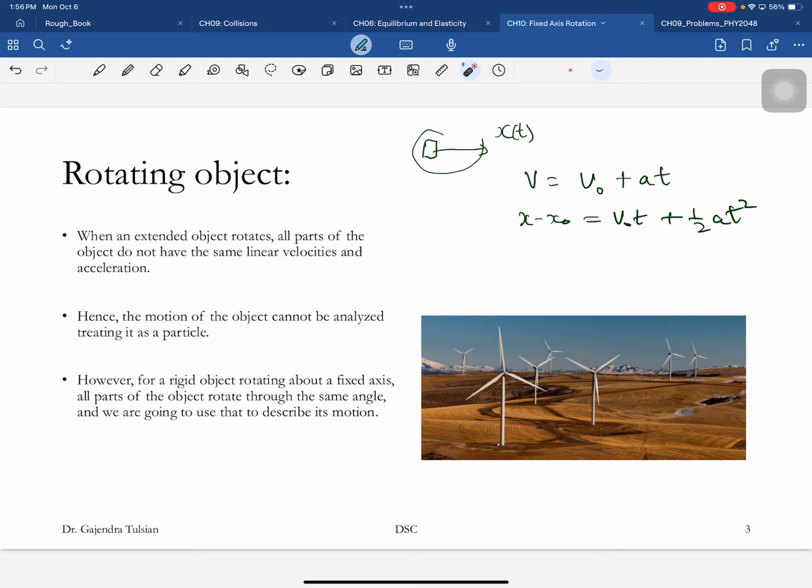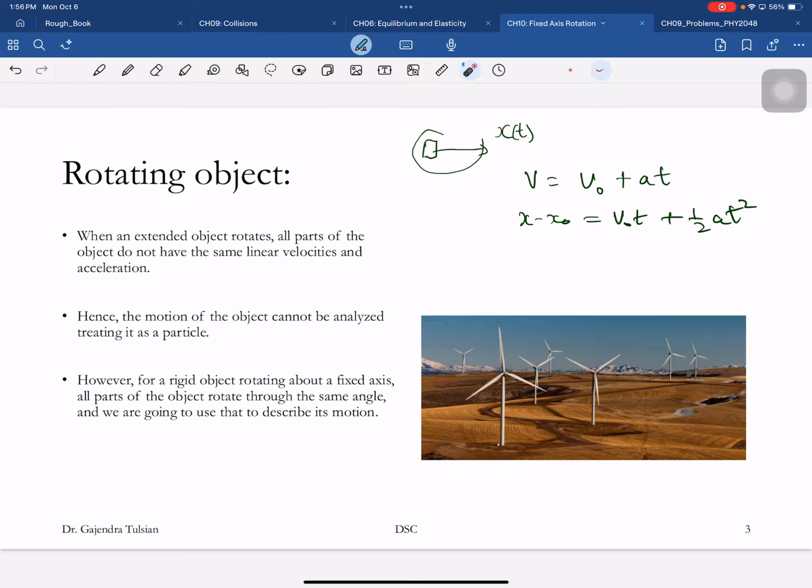If you look at the same exact length on each blade, those would be the same speed, that's what you're asking. So it turns out that, let's say this is the x-axis, and you measure the angle through which each point rotates. That is the same. So we'll use that as the coordinate to describe the motion of this object.